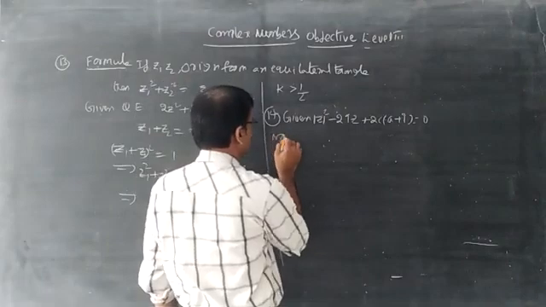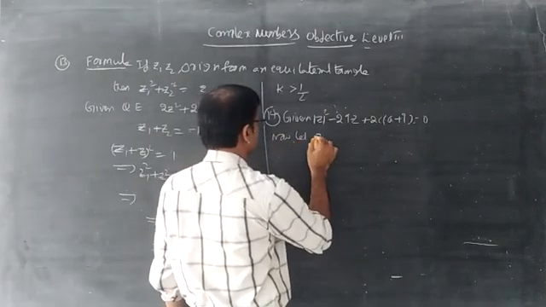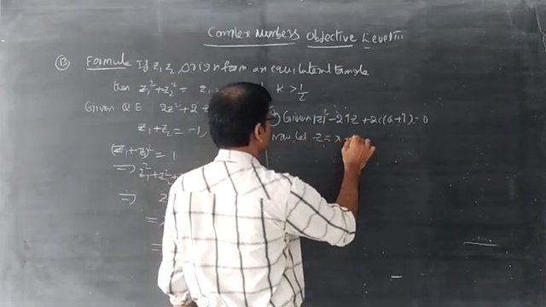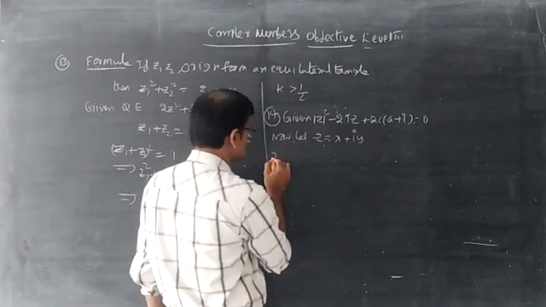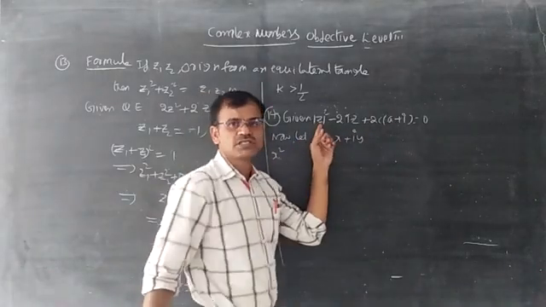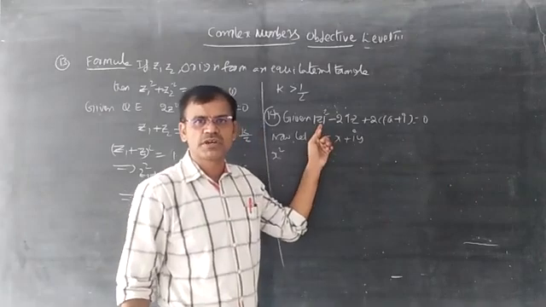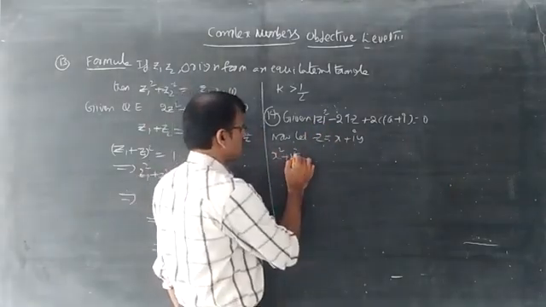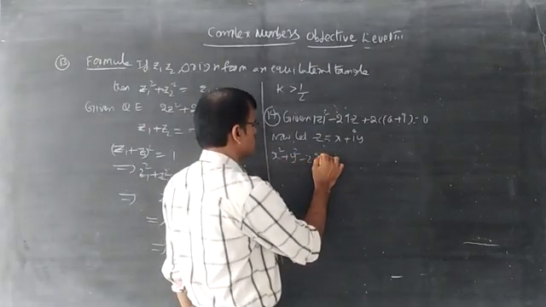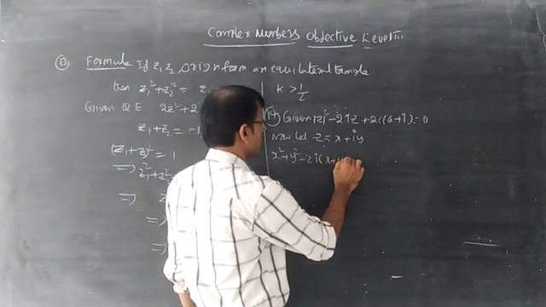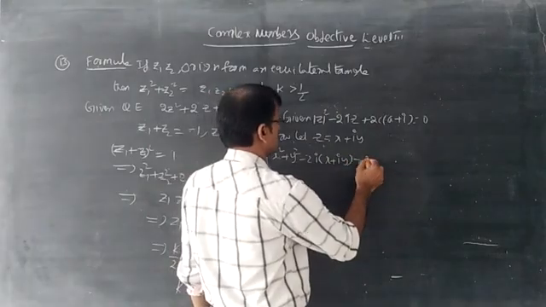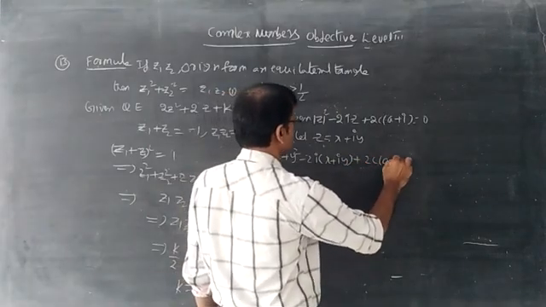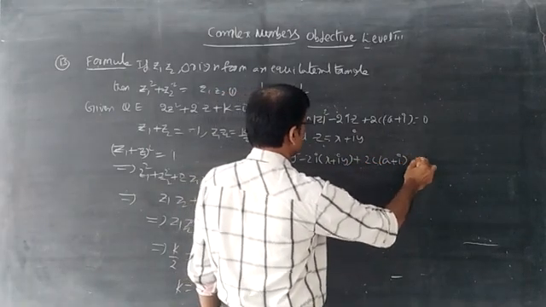Now let z be a complex number in the form x + iy. Substitute here: modulus z means square root of component squared plus component squared, so write x² + y². So x² + y² − 2i(x + iy) + 2c(a + i) = 0.